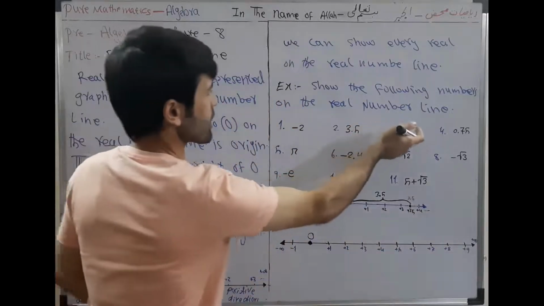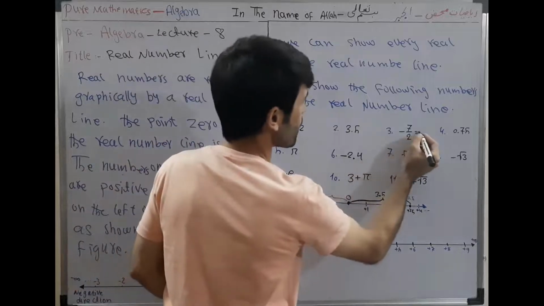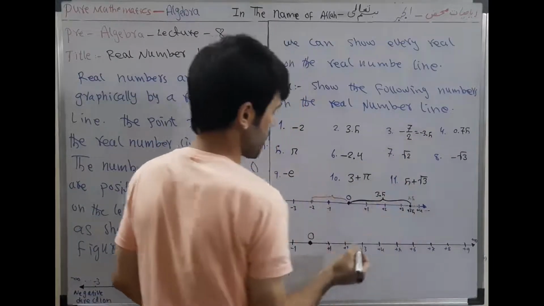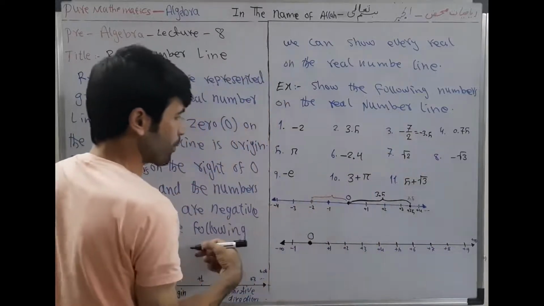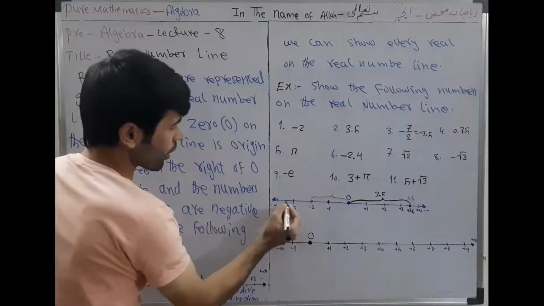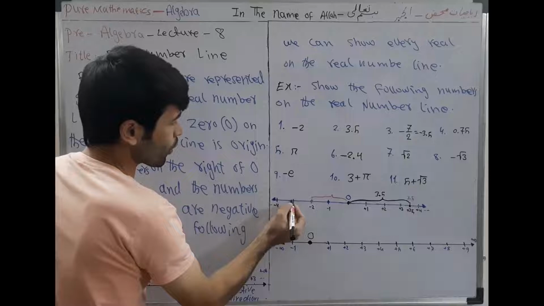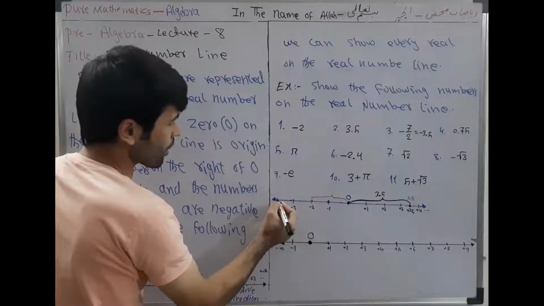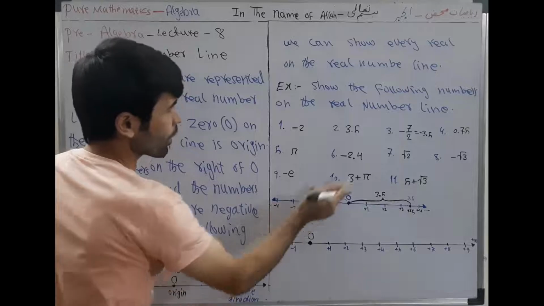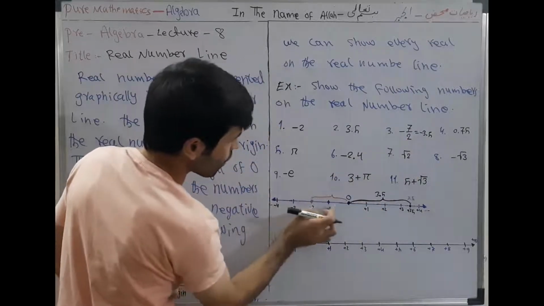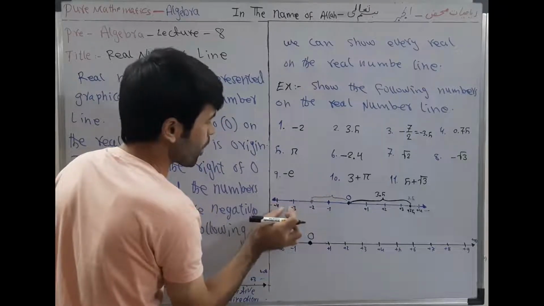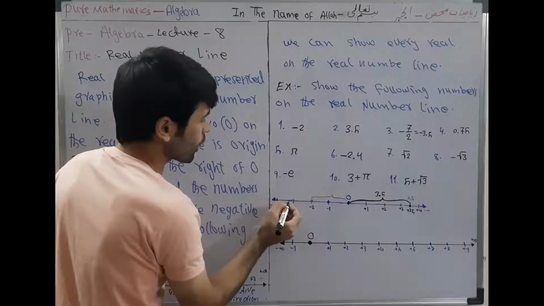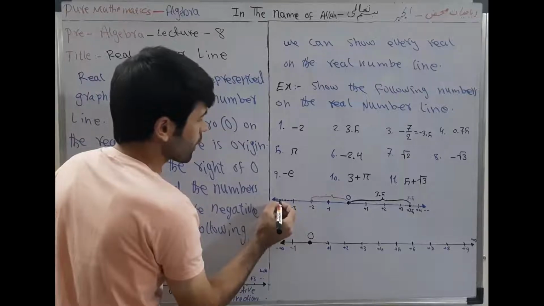Next one, minus 7/2. We know that it is minus 3.5. The sign of the number is negative, so we go to the left side. Same thing: we divide from 3 up to 4 into 10 parts. Minus 3, we have 3, then 1, 2, 3, and from 3 up to 4 we divide by 10.